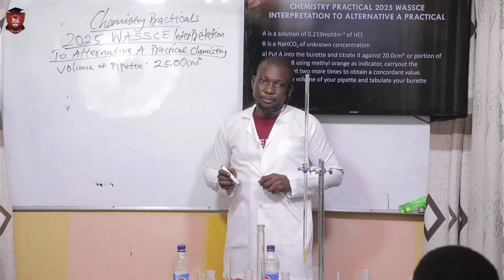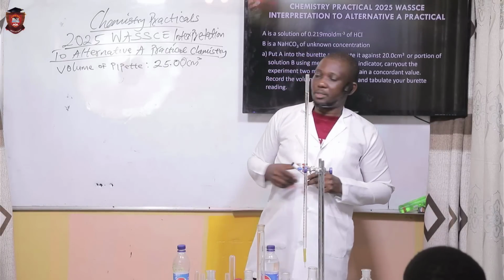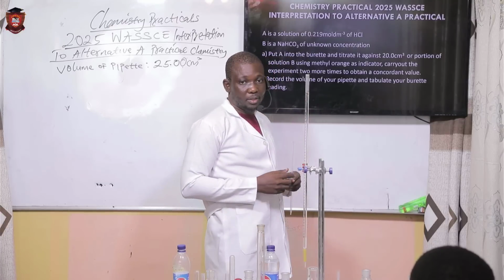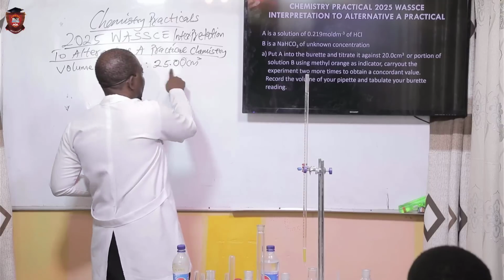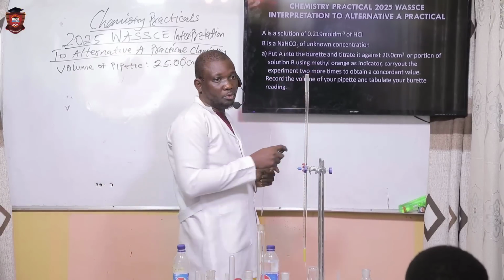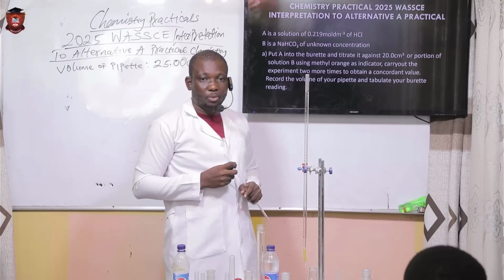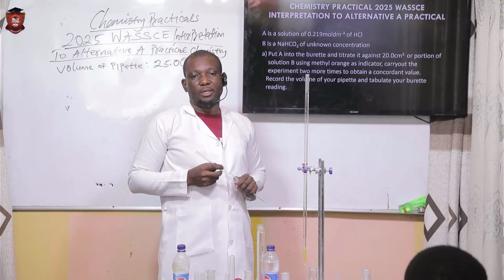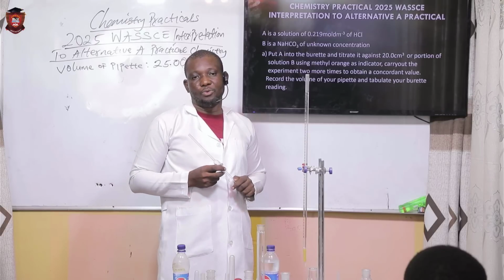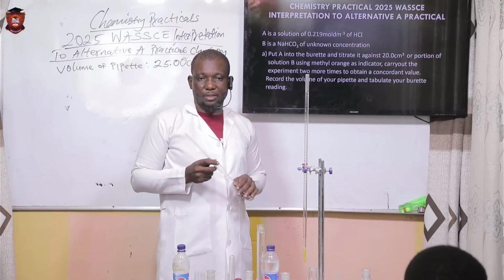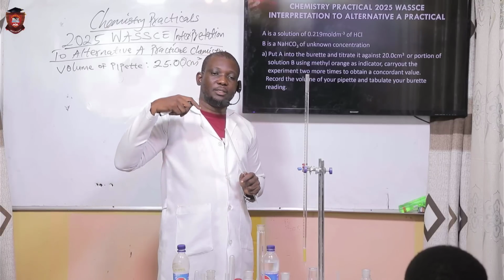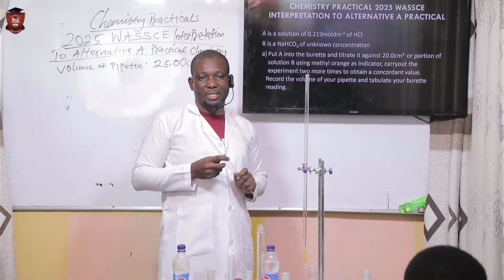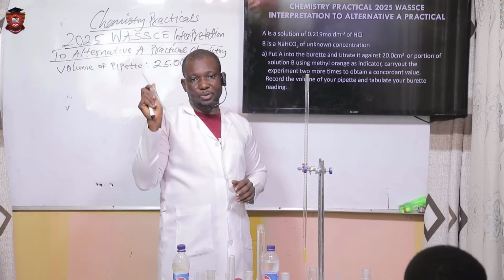Very, very important. It is not a must to write the indicator used, because the indicator is stated as methyl orange. The reason why you must state the volume of your pipette is because there are 2 conflicting volumes there, 20 or 25. So you must tell the examiner which particular one you are using, because already in the report form, it is the duty of the chemistry teacher of a particular center or school to state what pipette size or volume the school is using.